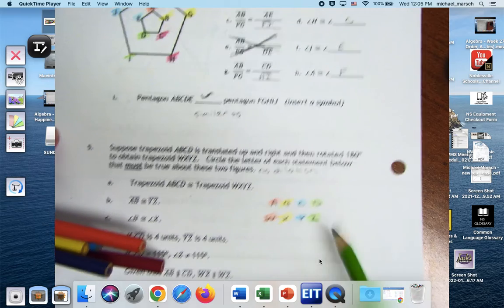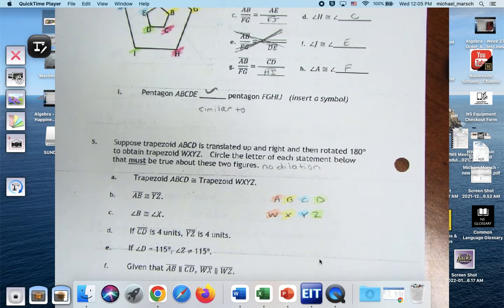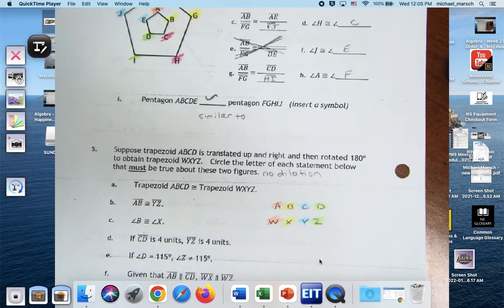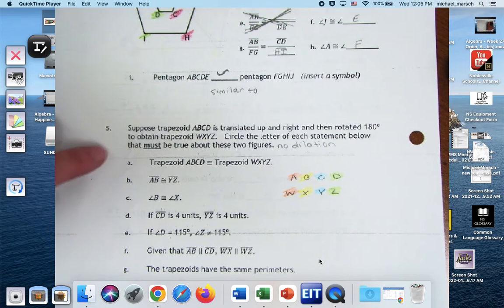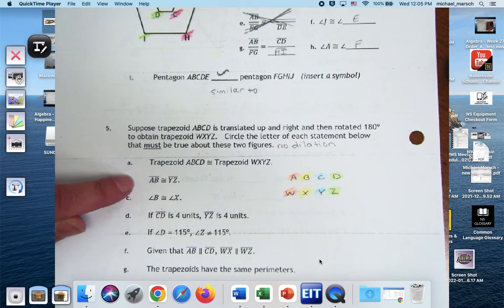And now, when I'm asked if something is true or false, I can look at the letters to make those decisions. So you're going to read through every single statement, and if it's true, you circle the letter. If it's false, you leave it alone.